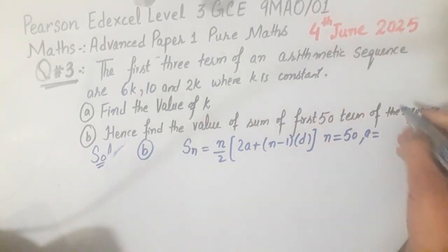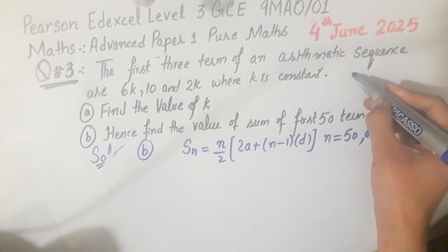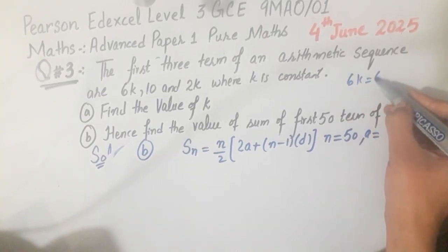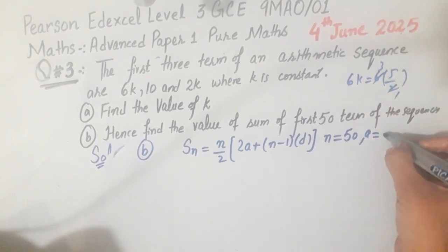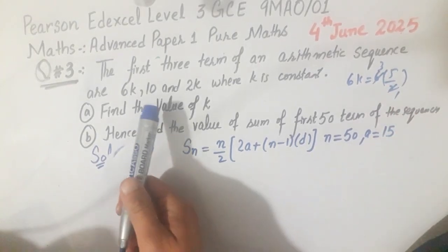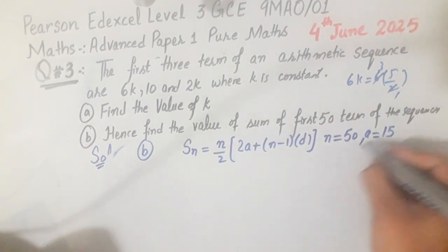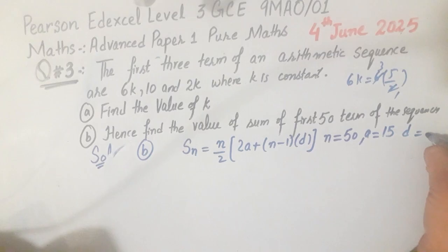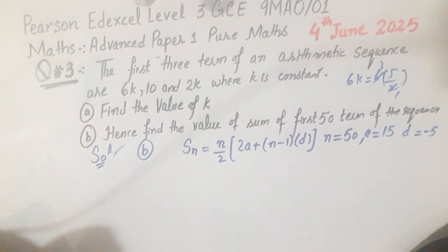Since k is 5 by 2, 6k becomes 15. The difference is 10 minus 6k, that is 10 minus 15, which is minus 5. Now we will substitute all the values into this formula.